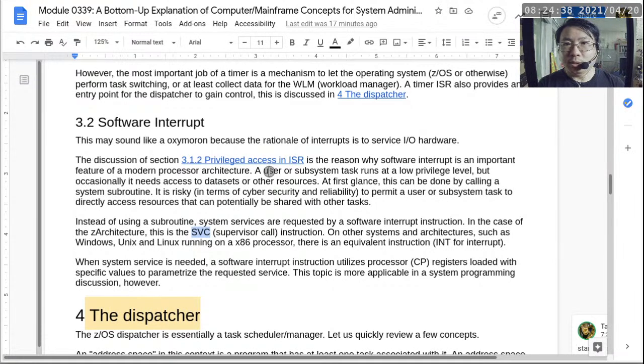So that means the user task cannot directly talk to the I/O device. Now, this is not a restriction that the user task cannot know how to operate an I/O device. It can know how to operate an I/O device. That's not a problem. It just does not have access to the I/O device.